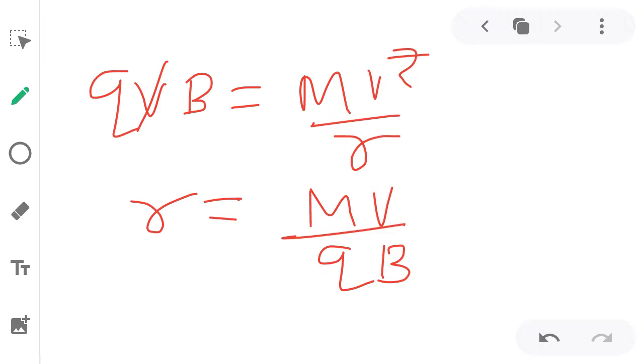This is the radius of the circular path along which the particle starts moving.